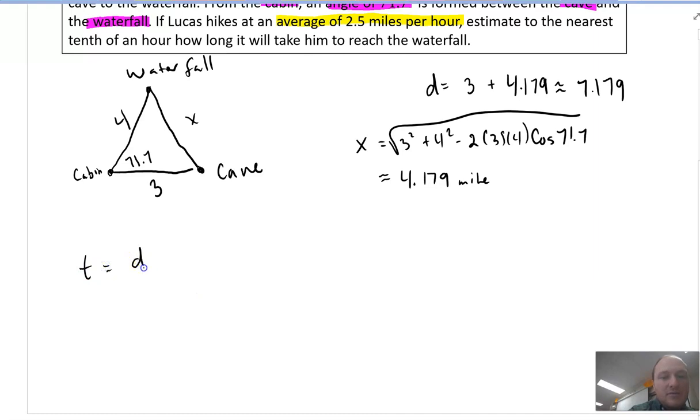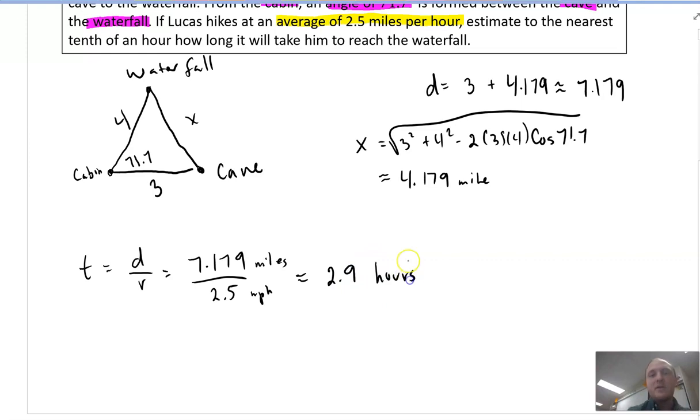So remember that time is equal to distance divided by rate. So I have 7.179 divided by 2.5 miles per hour, right? This is miles. This is miles per hour. And what we get is approximately 2.9 hours. All right. That was easy.